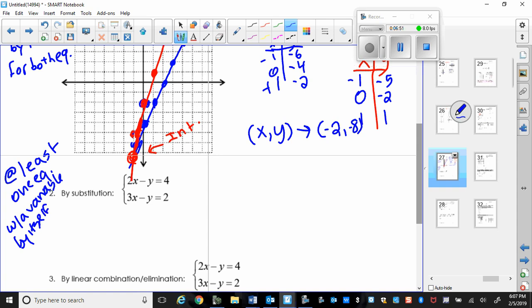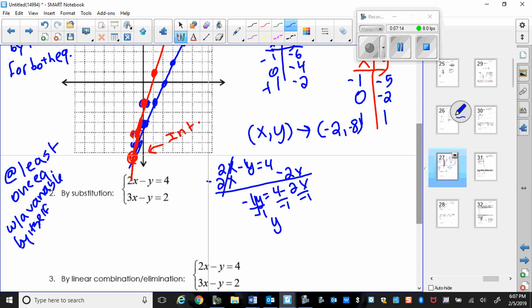So I'm going to pick number 1, and it's the same equation, 2x minus y equals 4. So I'm going to subtract 2x on both sides. I'm getting y by itself. I'm meeting the requirements. I'm getting at least one equation with y by itself, right? Divide each term by -1, and y equals -4 plus 2x, okay?